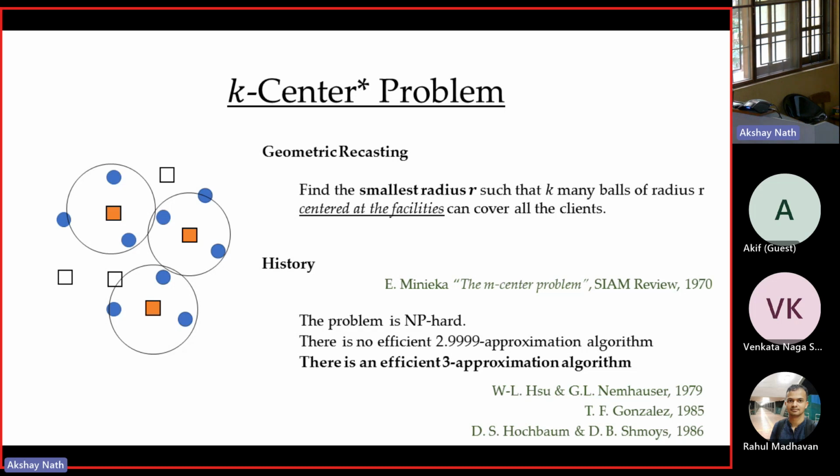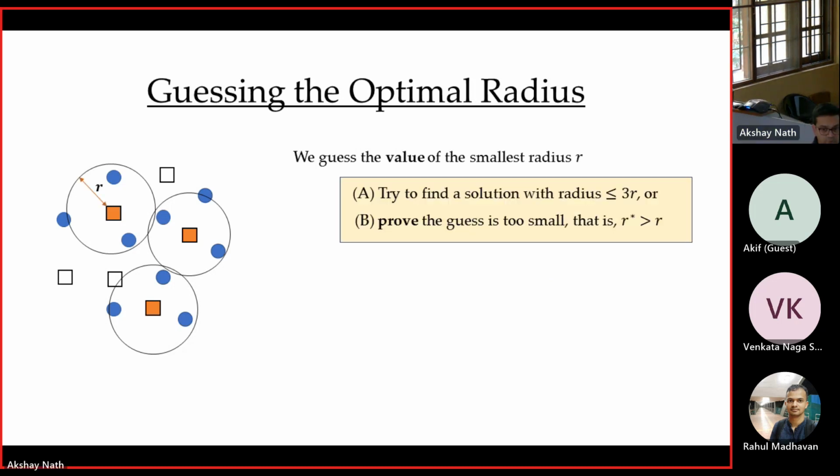One technicality before I move on. We're always going to assume that we know the optimal radius value. There is this R star, and we're going to guess it. We're going to guess a value R and just solve this yellow box problem.